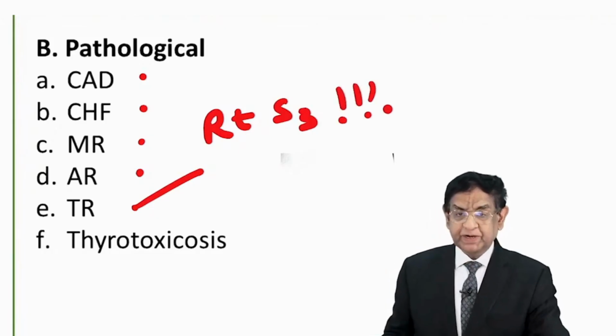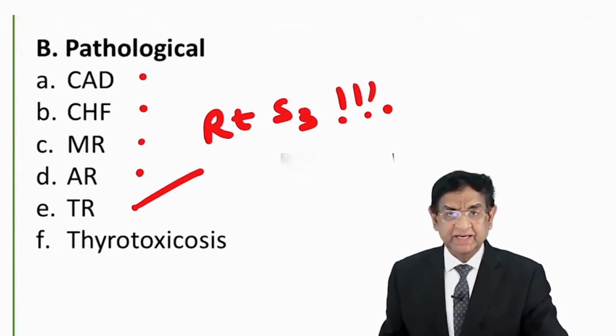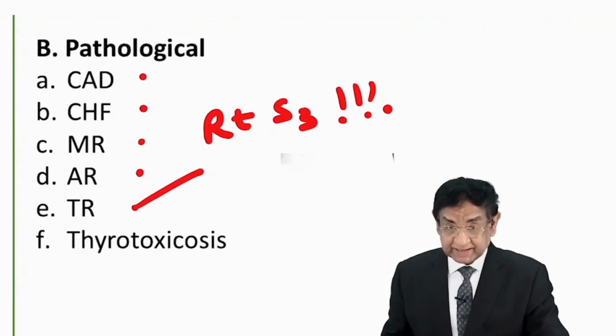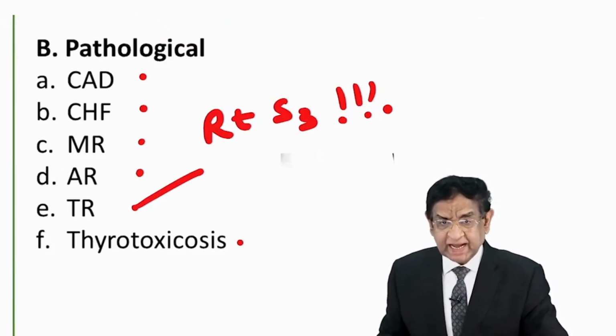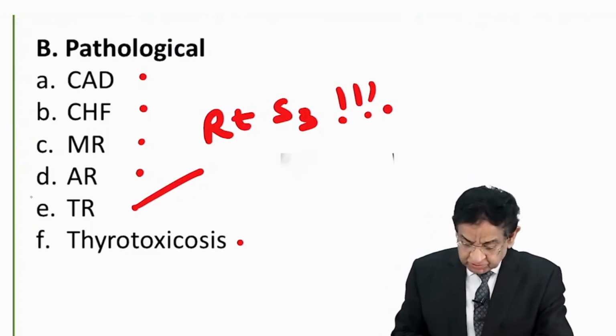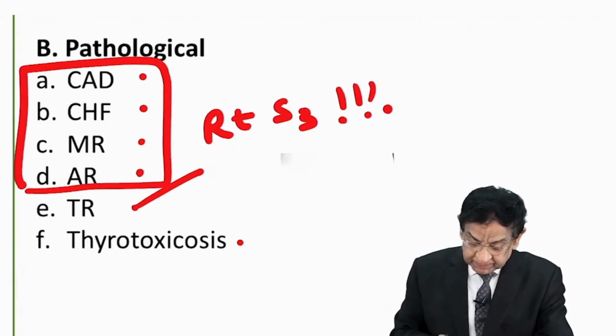Normally 99.9% never have heard that there is something called a right-sided third sound. It is not even asked in the exam, but it is there. And thyrotoxicosis, again due to hyperdynamic circulation, it can be there. But these two are not very important questions. But don't forget them.